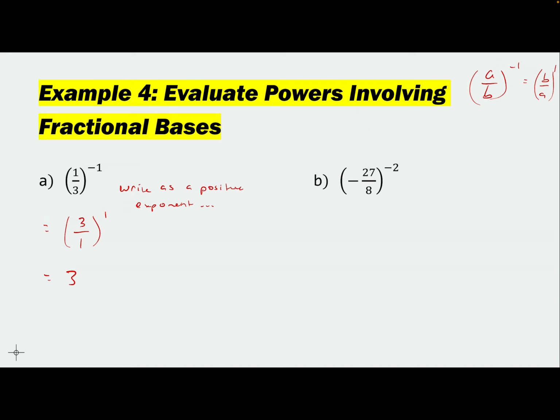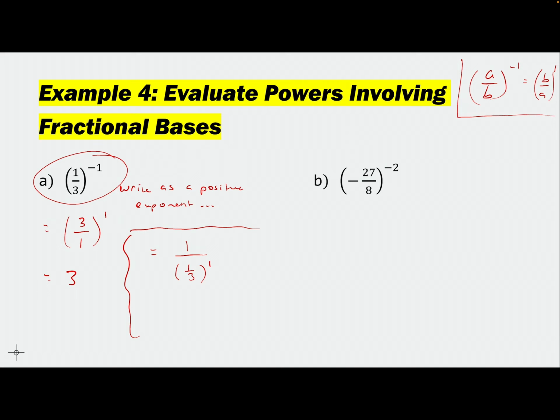So another proof for this rule and why it works is if I tackled this the old way. If you said anything raised to a negative exponent, you put it in the denominator. So the old way of doing this, we might have written it as 1 over and then write the 1 over 3 inside with a positive exponent, right? That's what we said to do before. You can move it into the denominator and write it as a positive exponent.